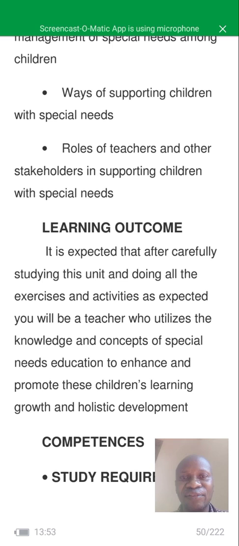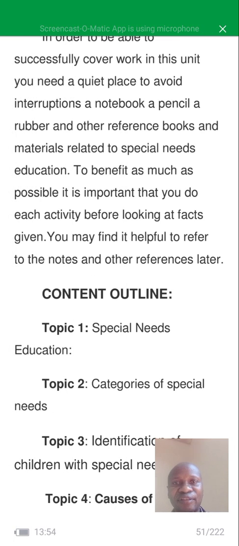Then we're also going to look at ways of supporting children with special needs, and the roles of teachers and other stakeholders in supporting them. So, you as a teacher, what role are you going to play? And how about the other stakeholders, like parents and the society, which role are they going to play to support children with special needs?